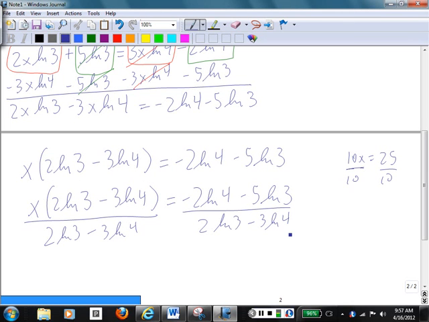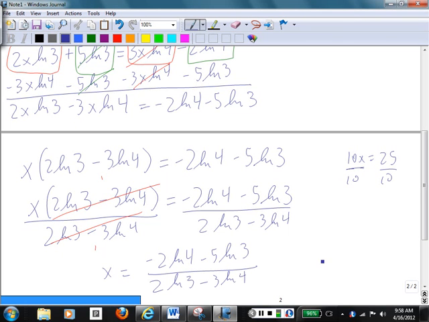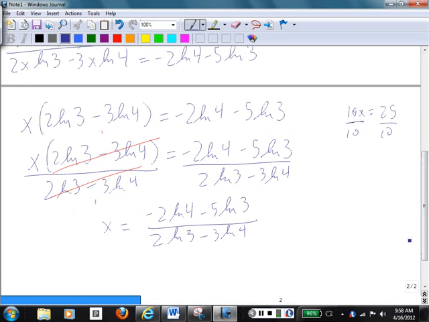And on the right-hand side, that's going to be the value of x. These divide out, and x equals negative 2 times the natural log of 4 minus 5 times the natural log of 3 over 2 times the natural log of 3 minus 3 times the natural log of 4.